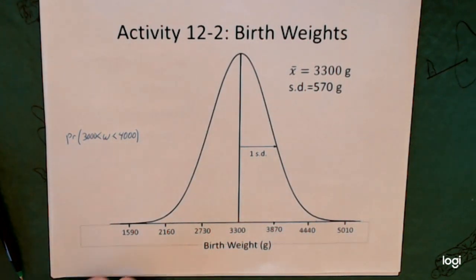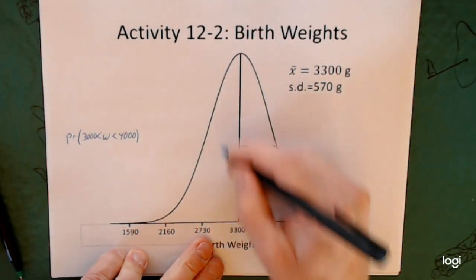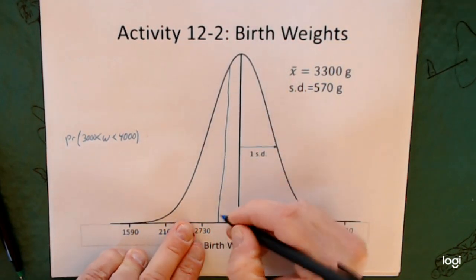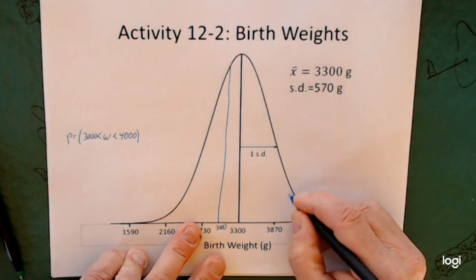All right, so let's shade the approximate area. It's going to be almost halfway in between here. So there's 3,000, and then 4,000's up here.